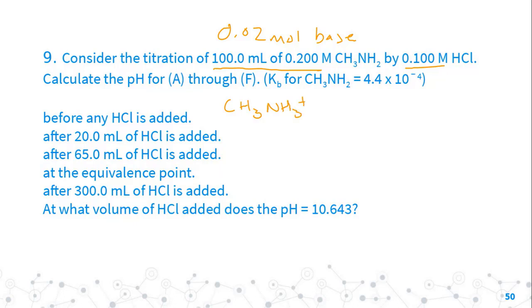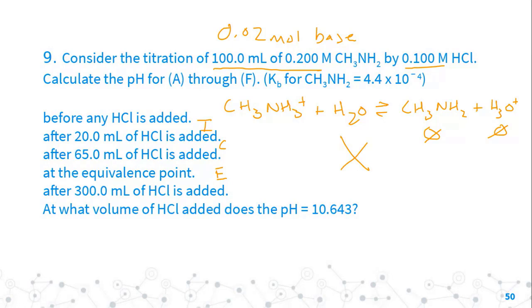Let's say that it reacts with water, because that's what happens at the equivalence point. It's going to try to reform some of that base. And then we're also going to have H3O plus. So we can set up an ICE table.